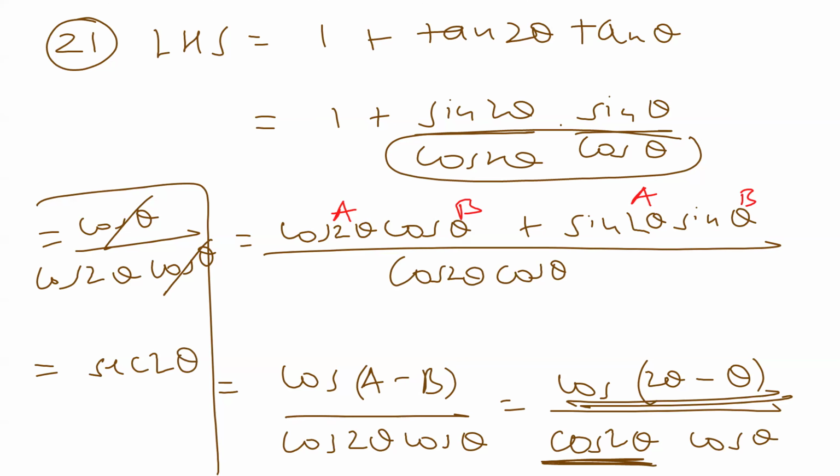Let us go to question number 20. I suppose I should solve question number 20 right now. So they have given sine alpha plus beta is equal to 4 by 5.